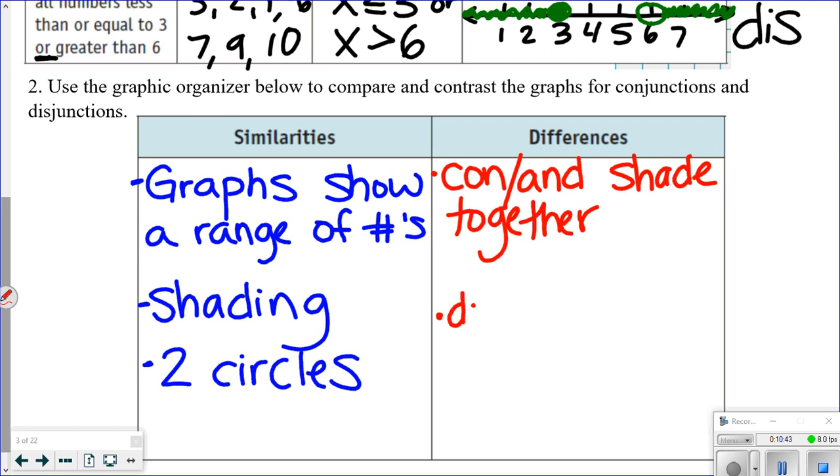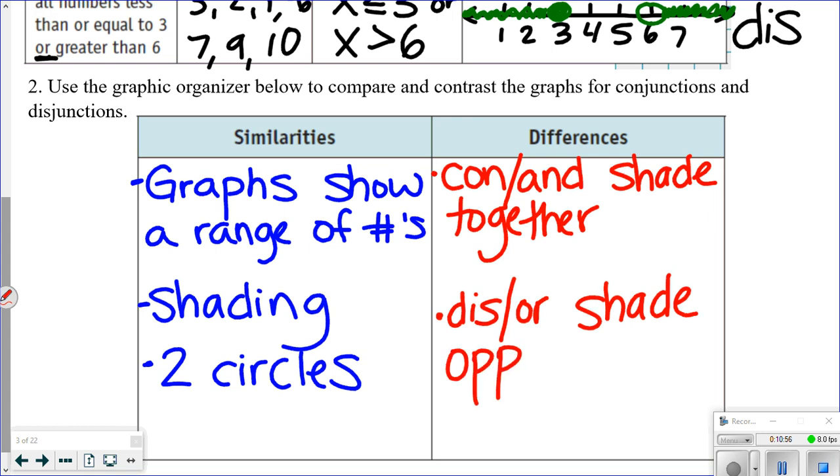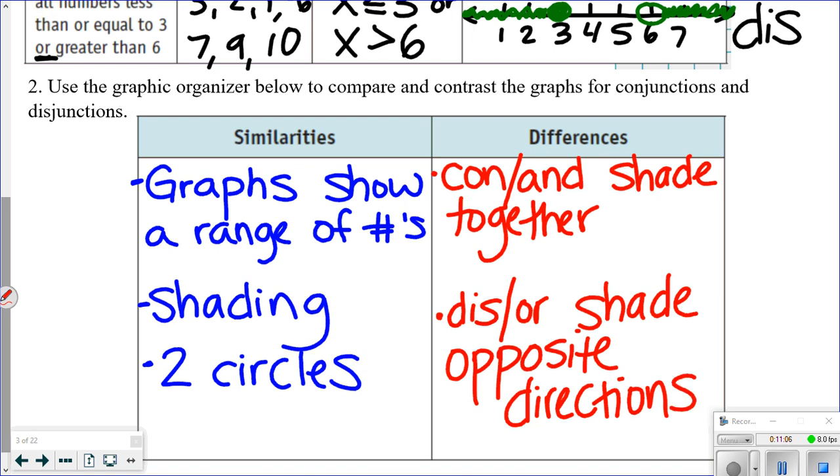The disjunctions, which is the or statements, are shaded apart or in opposite directions. So there are 2 rays, 2 shaded areas going apart. Some circles are open, some circles are closed. That's another difference. One uses the word and, another uses the word or.